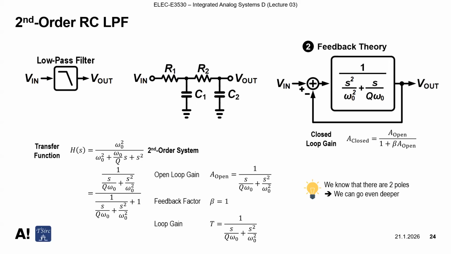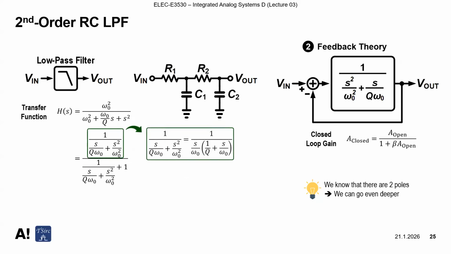And we know that in this kind of second order low pass filter there are two poles. So we can maybe go even further, because now we have s squared in this formation. That means we can further look at this equation.